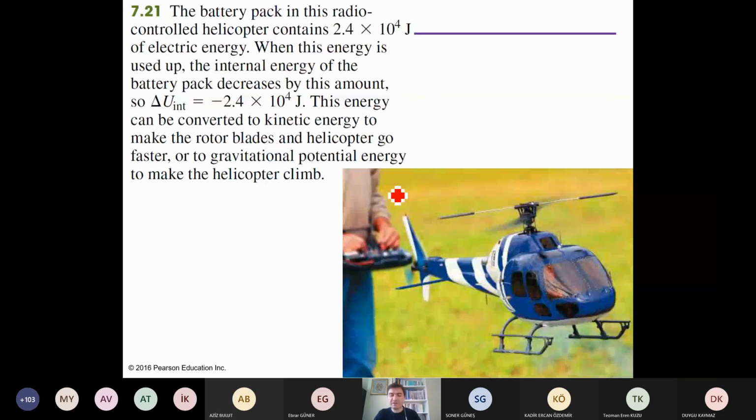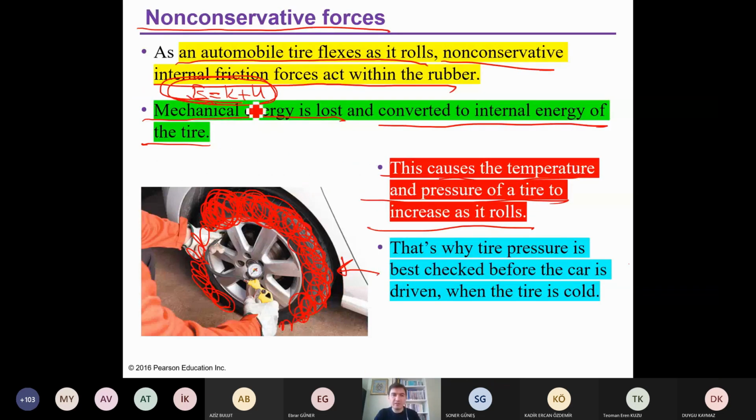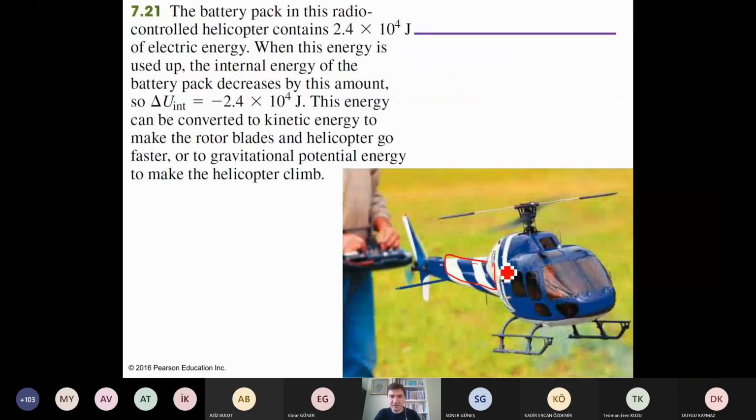So now let me give you this example. This is again related to the energy conservation. So here what we have done, the mechanical energy is spent, but where has it gone? It is converted to the internal energy of the tires. Here there is a battery pack within this helicopter. Let's say here there's a lithium polymer battery within this drone helicopter, okay? So it contains this energy.